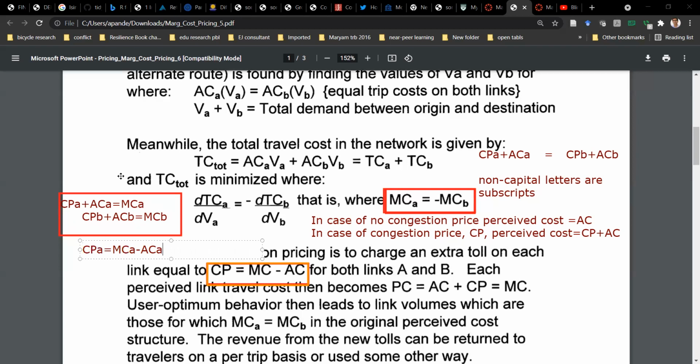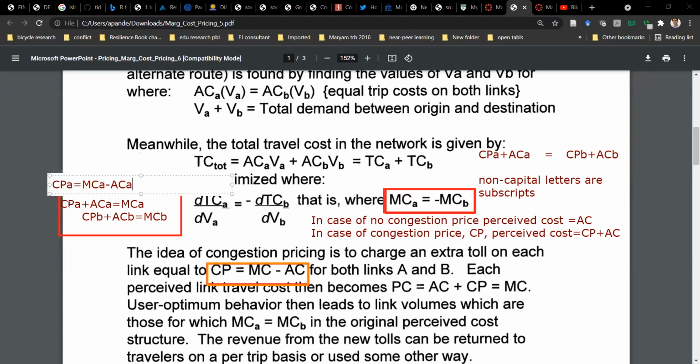So all I'm doing is rearranging this equation to estimate what CPA is to be. CPA has to be the marginal cost of A minus the average cost of A. And this is that equation. So if you can charge the toll or the congestion price equal to marginal cost minus the average cost for both links, then you'll be golden.